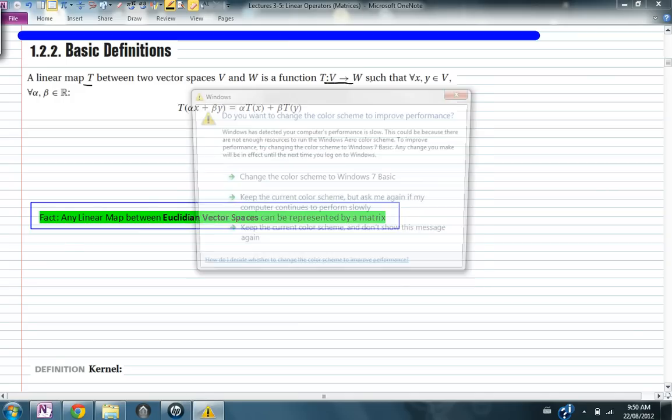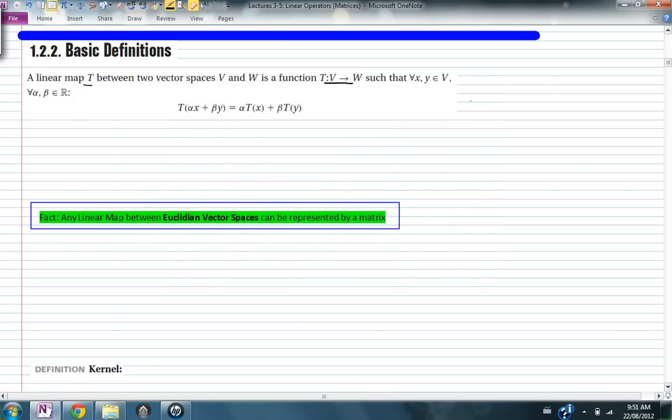It maps every element in V to an element in W, such that for every two elements x and y in V, and for any two real numbers alpha and beta, the linear map applied to the linear combination alpha x plus beta y is equal to alpha multiplied by T of x plus beta multiplied by T of y. Matrices are examples of such linear maps.